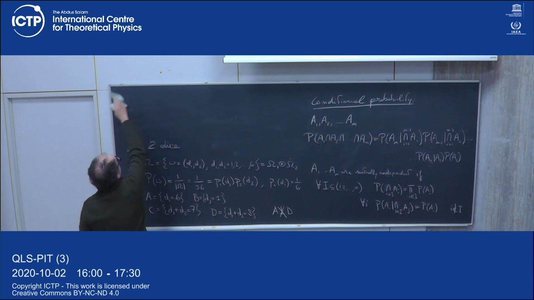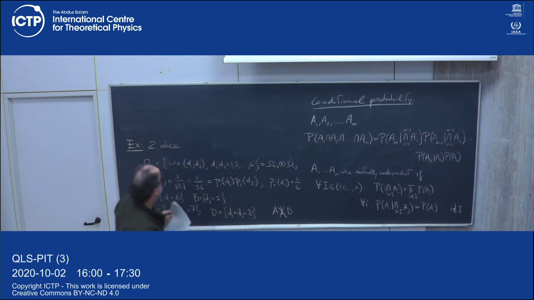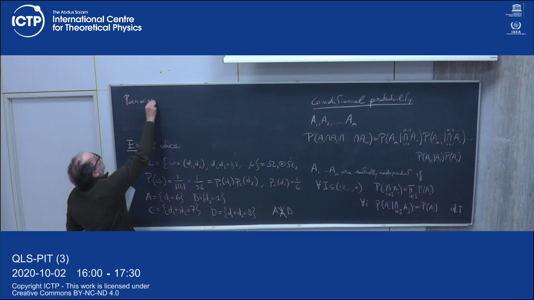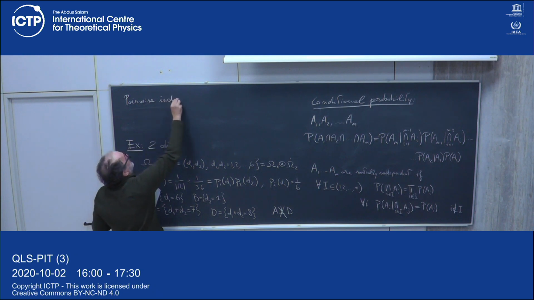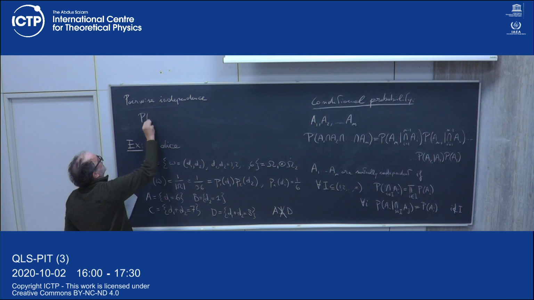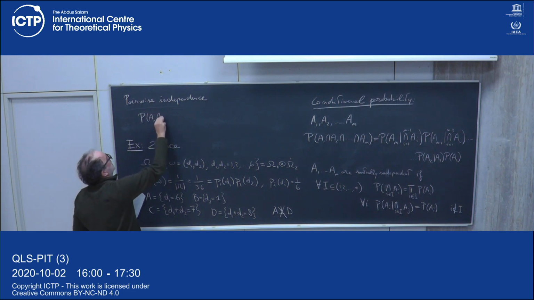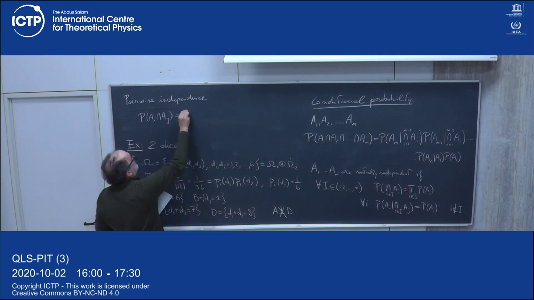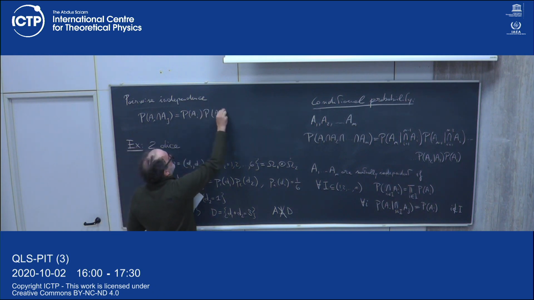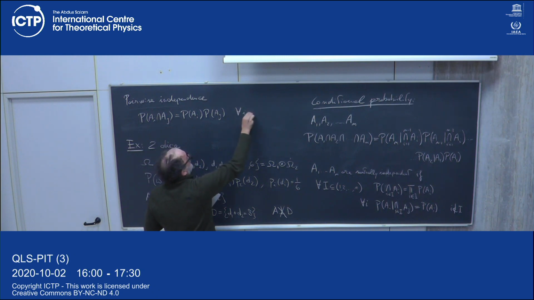Okay, so you can say that a set of events is pairwise independent if the probability for any choice of two events I and j is equal to the probability of AI times the probability of Aj for any choice of I and j.